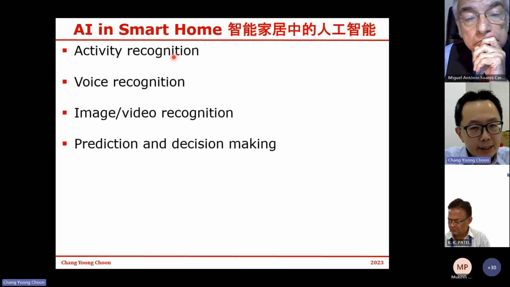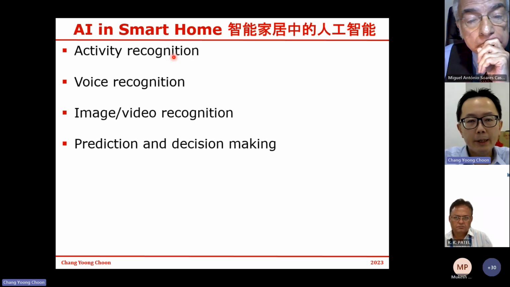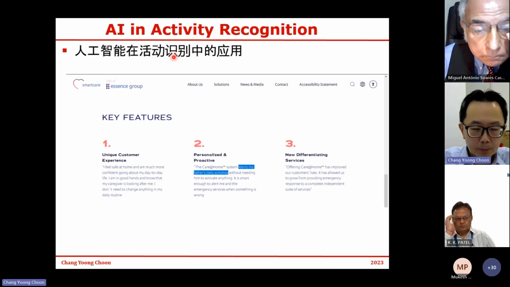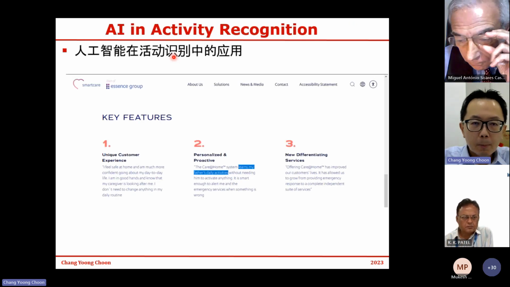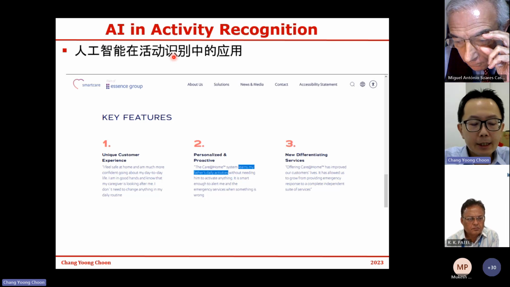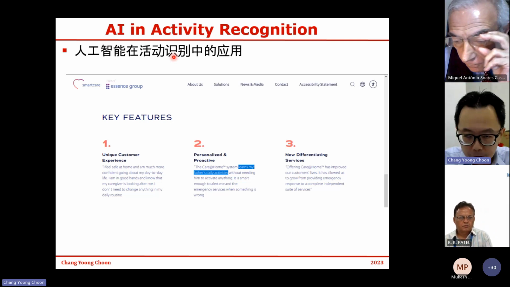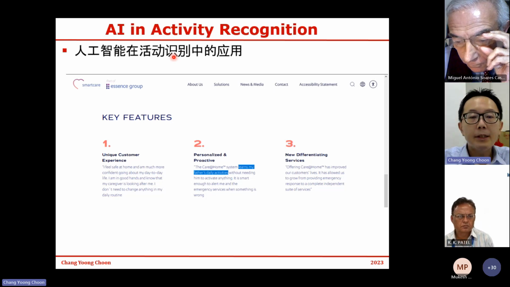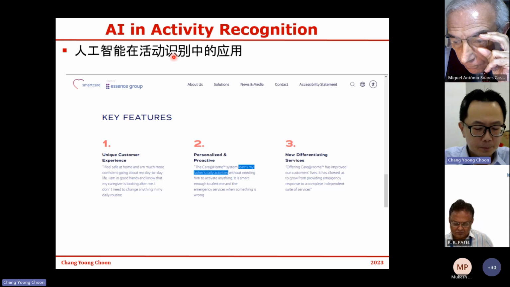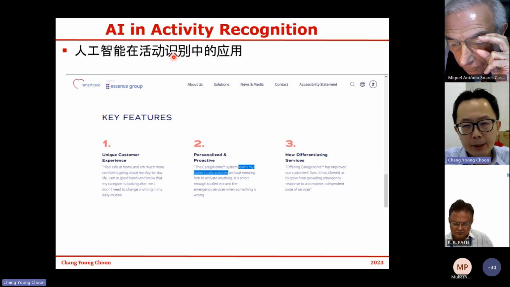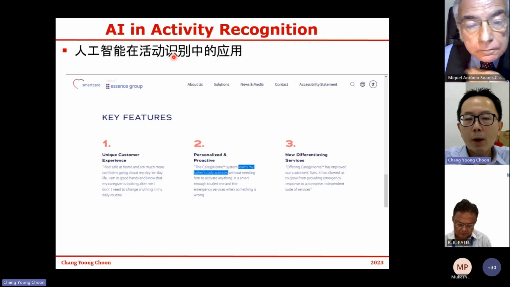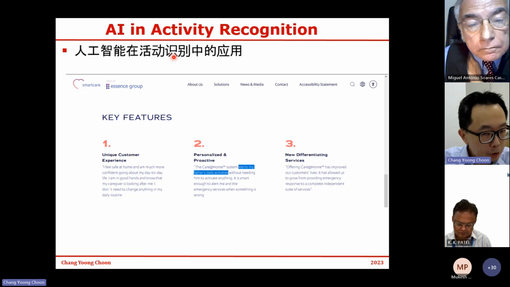AI, so this is a little bit of a new topic, AI in smart home. We can use AI in, for example, activity recognition, especially the activities of the elderly. By the time we get old, the one who takes care of us may not be a human.